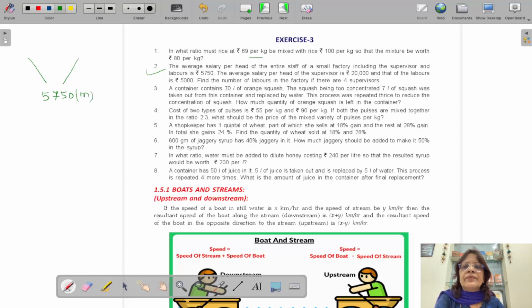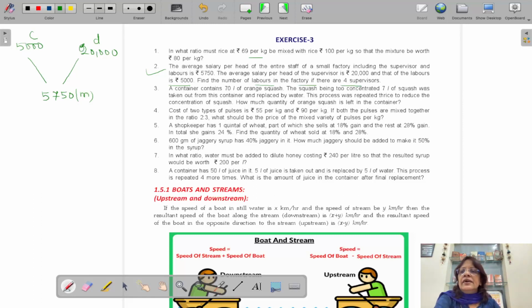This is your M. The average salary per head of the supervisor is rupees 20,000. So this is the higher side. This is given to be 20,000, and that of the laborers is rupees 5,000. This is C, this is D. Find the number of laborers in the factory if there are 4 supervisors.